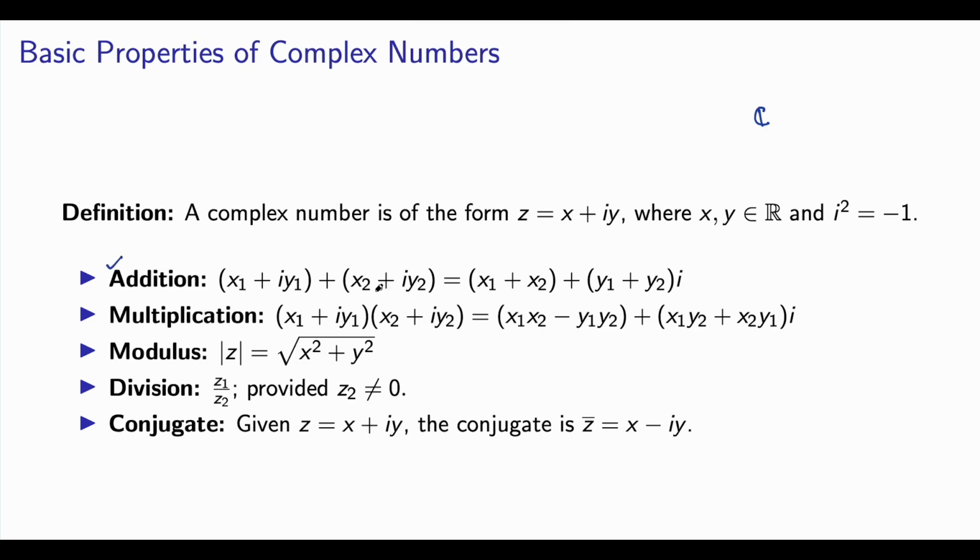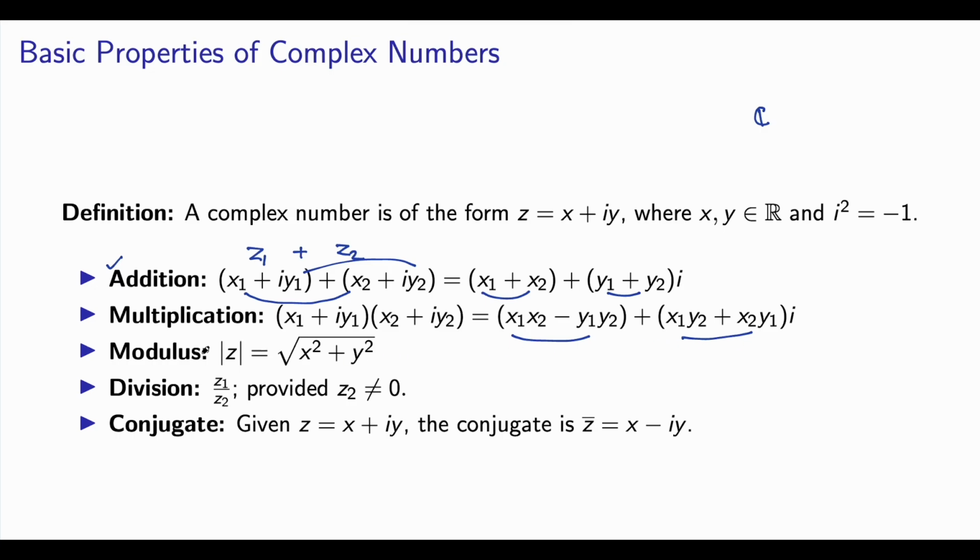Let Z1 and Z2 be two complex numbers, then their sum Z1 plus Z2 will be component-wise addition: x1 plus x2, and then component-wise addition, y1 plus y2 i. Multiplication is just the usual multiplication, so we separate the real part and imaginary part together.